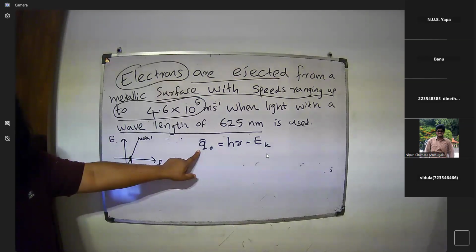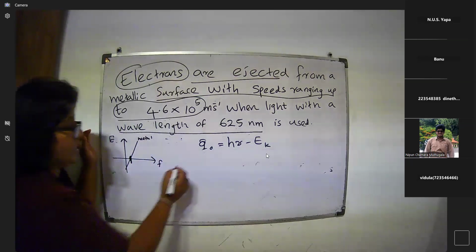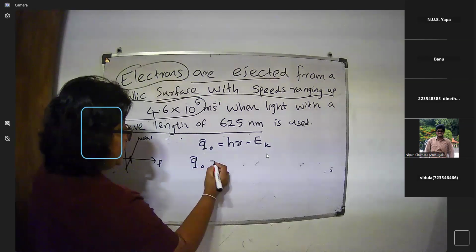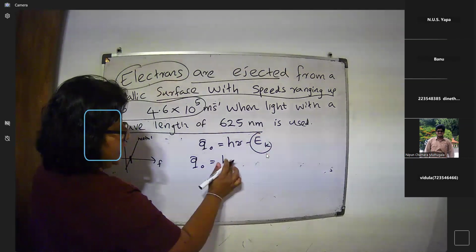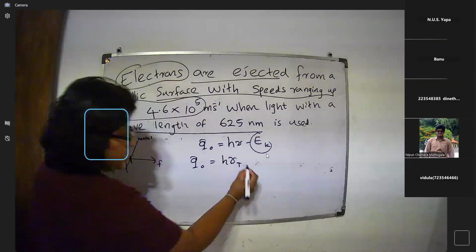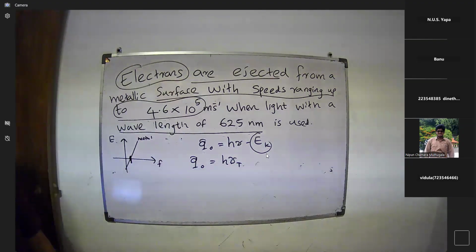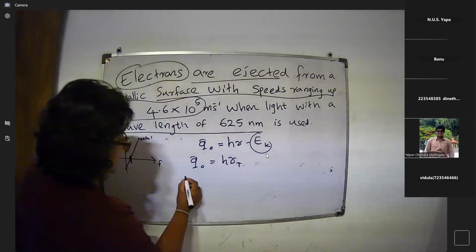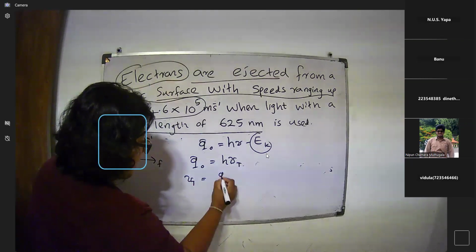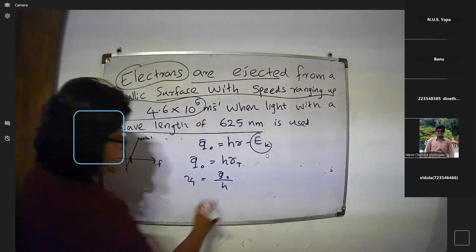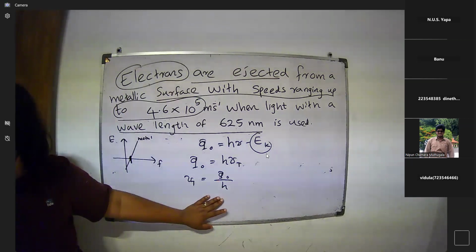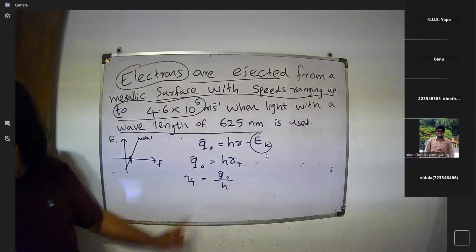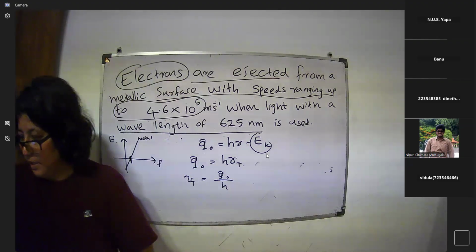Then we can rearrange the equation: phi naught equals h nu t, because at the cutoff frequency Ek goes to 0. Then we can find the nu t value as phi naught over h. In the previous calculation we found the phi naught value and h is the Planck constant. Then you can calculate the nu t value.